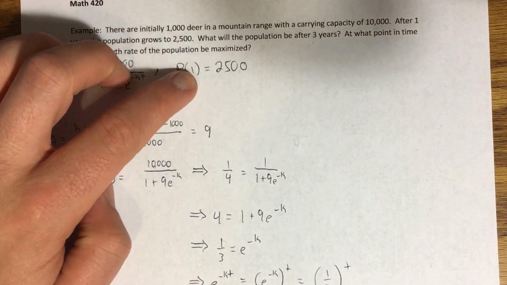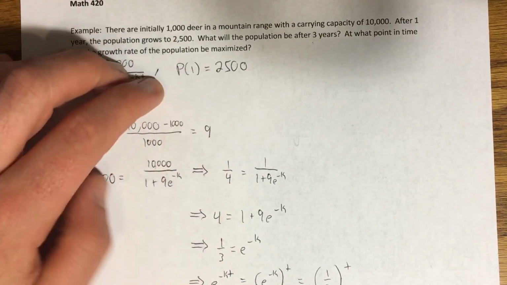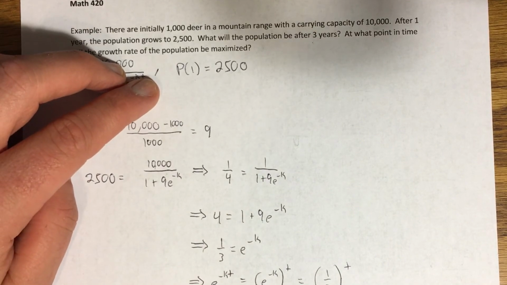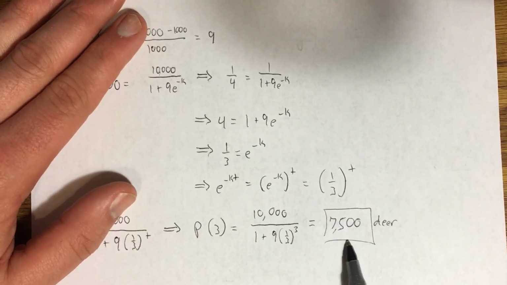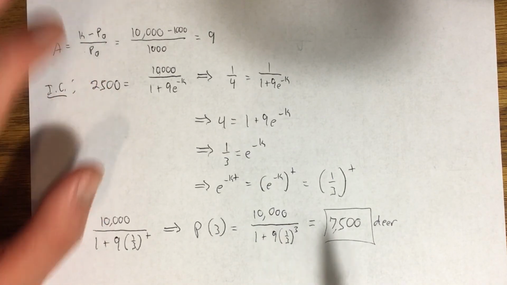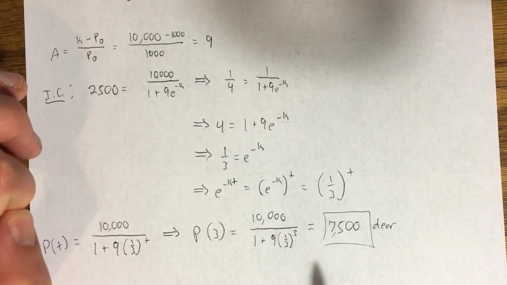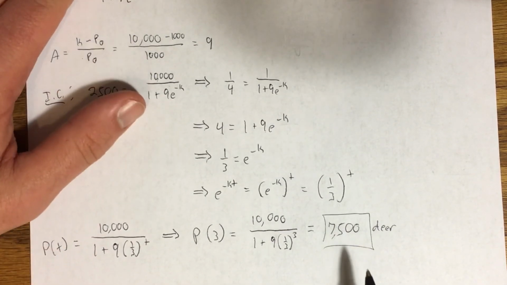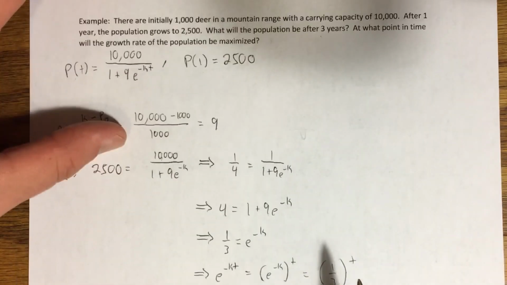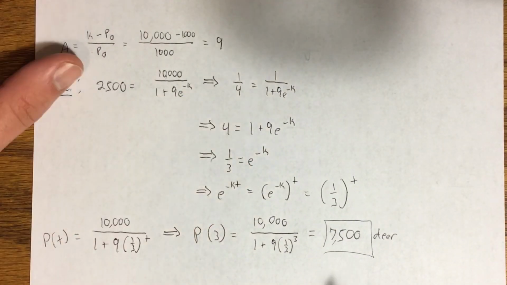So after 1 year, we have 2,500 deer. And after 3 years, we have 7,500 deer. That's what we just found down here. Half of our carrying capacity is 5,000 deer, right? Our carrying capacity was 10,000. Half of that is 5,000. That's exactly between 2,500 and 7,500, okay?